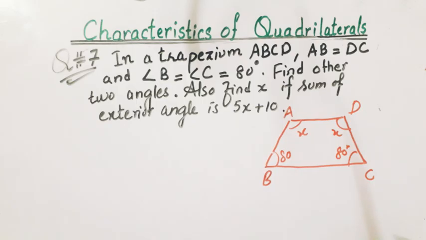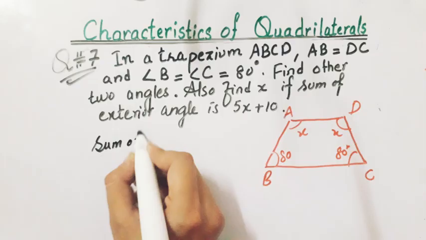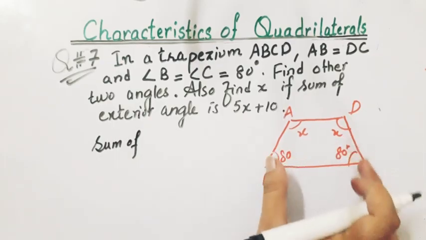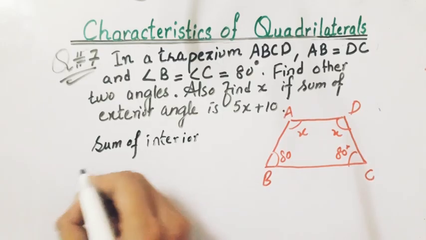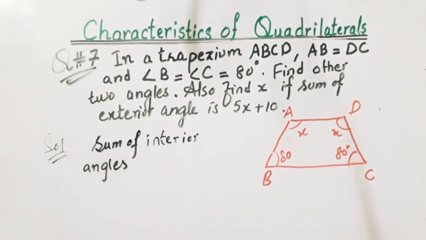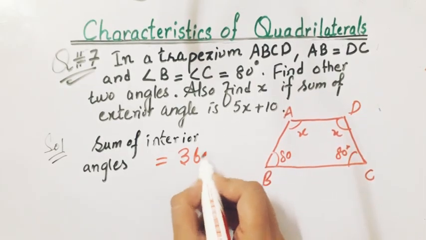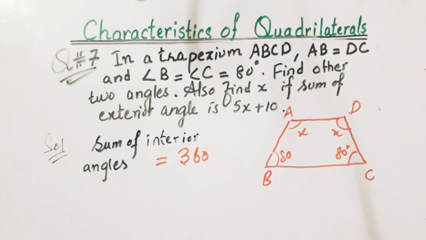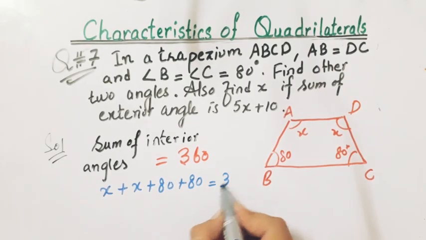Now always remember that the sum of interior angles, these are the inside angles, equals 360. So now I will write all the interior angles: x plus 80 plus 80 equals 360.